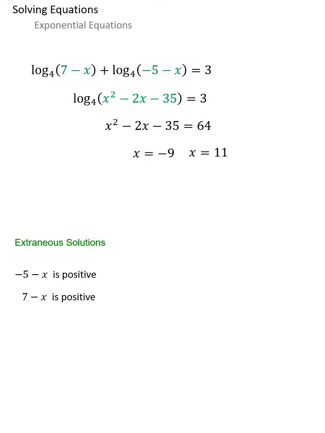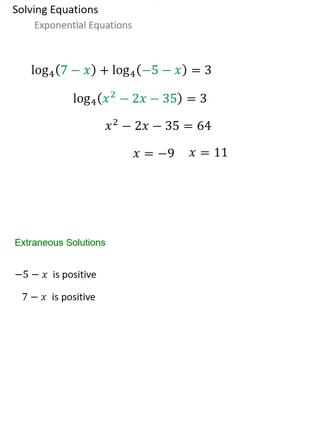Well, it raises an interesting question. Is negative 5 minus x a positive number? Well, it may or may not be, depending on the value of x. Is 7 minus x a positive number? It may or may not be, depending on the value of x.